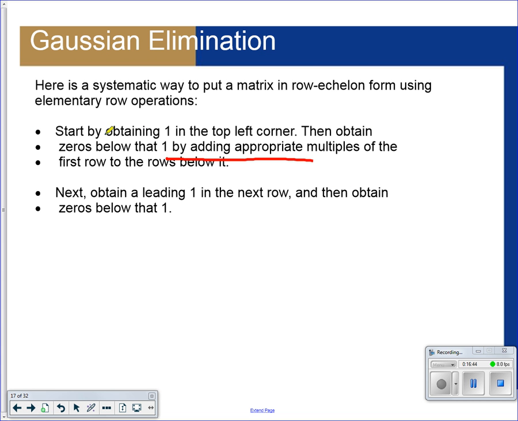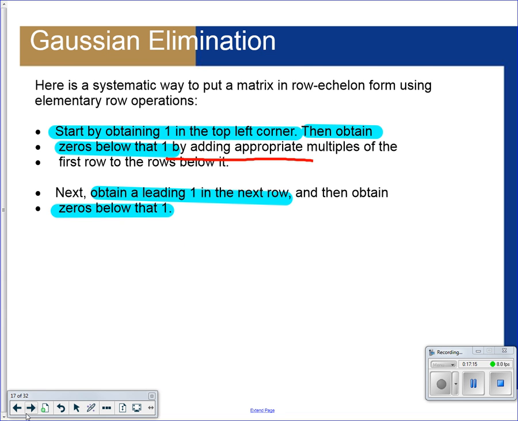Okay, so this is your systematic way to put a matrix in row echelon form. You want to start by obtaining 1 in the top left-hand corner. That's your first step. Then you're going to obtain zeros below that 1. Then you're going to obtain a leading 1 in the next row and obtain zeros below that.